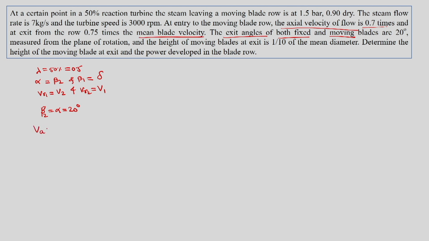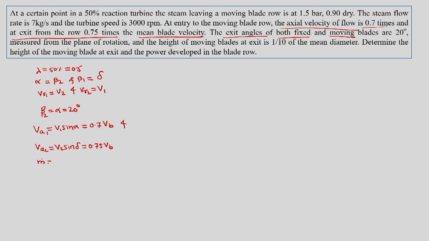Axial velocity VA1 is equal to V1 sin alpha, and that is equal to 0.7 VB. It is also known that the axial velocity at the exit of the row is 0.75 times the mean blade velocity, so VA2 is equal to V2 sin delta is equal to 0.75 VB.